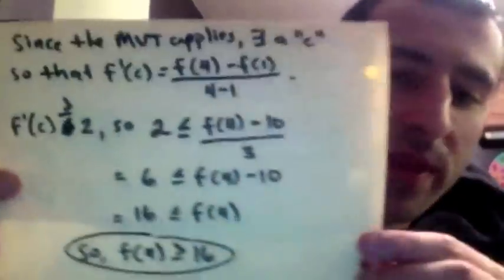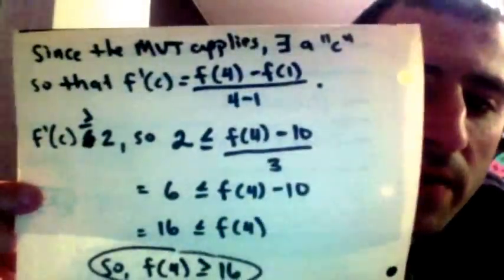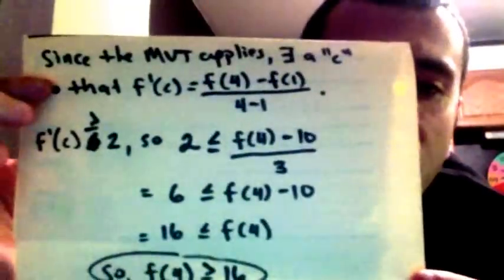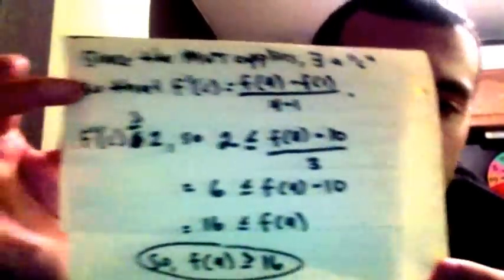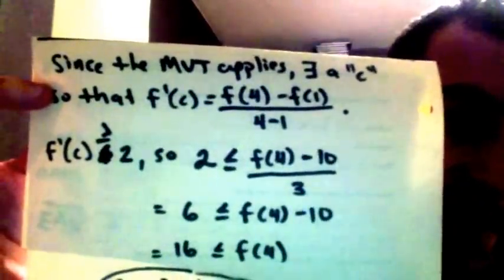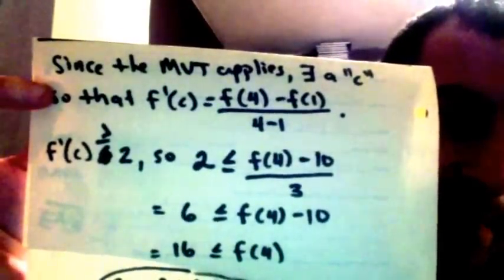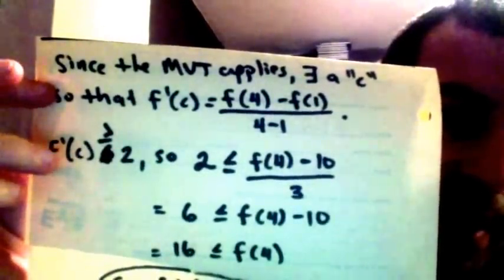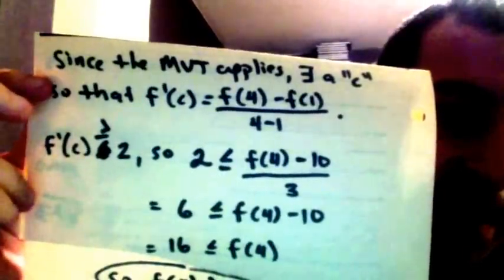All right, so let's go through the solution. So here it is, and I'll explain it. Since the mean value theorem applies, we know the existence of a c that satisfies this line next to my finger here. So I then plugged in some givens. We know f of 1 is 10. We know that the denominator 4 minus 1 simplifies to 3.